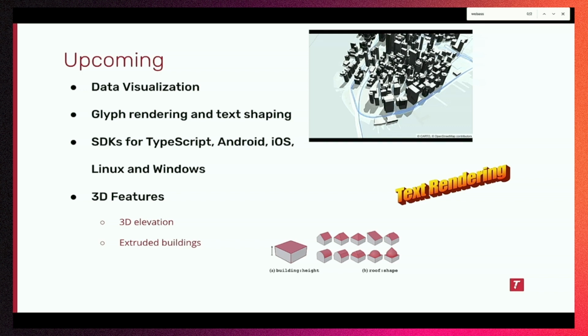And 3D features are always nice. It's nice eye candy, and maybe sometimes it doesn't have that much value in itself, but it's fun to work on, for example rendering 3D mountain ranges or buildings with fancy little roof shapes.